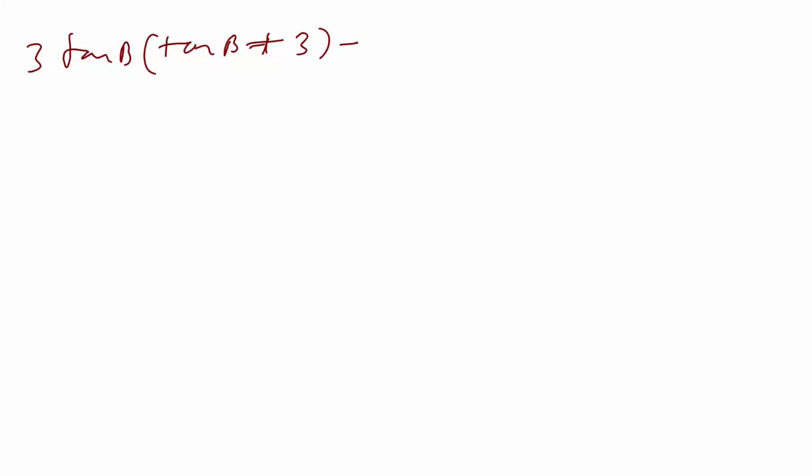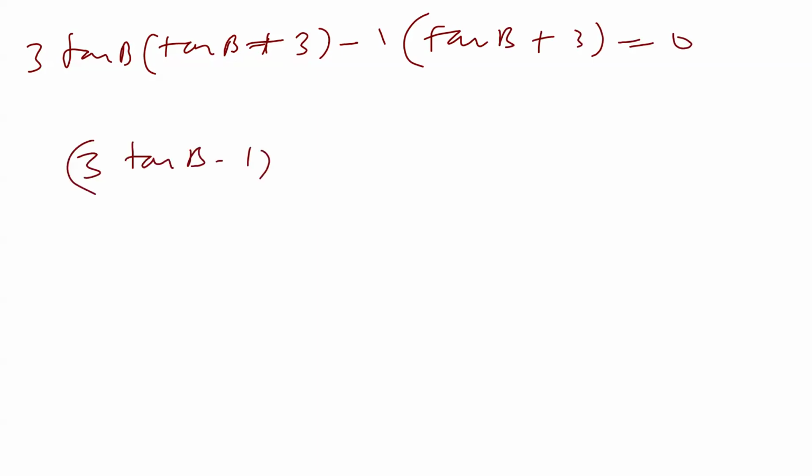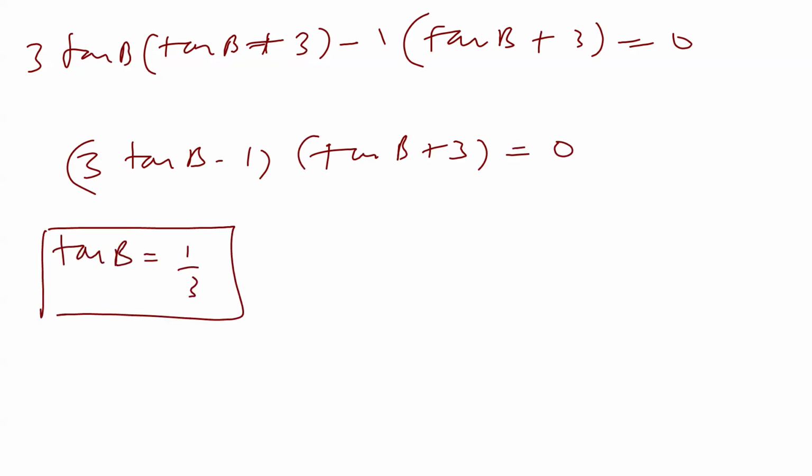Sorry. So 3 tan B minus 1, tan B plus 3 equal to 0. So tan B equal to 1 by 3, or tan B equal to minus 3.